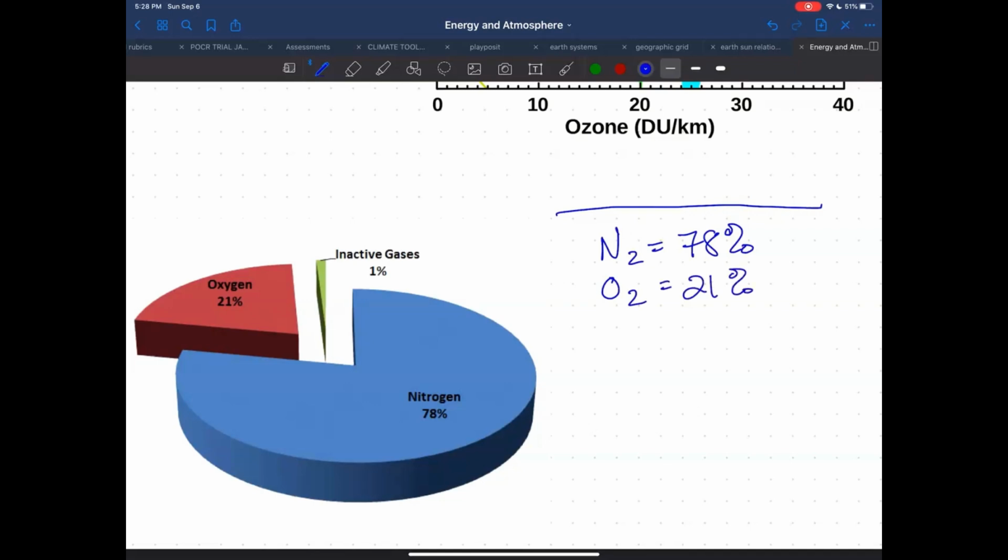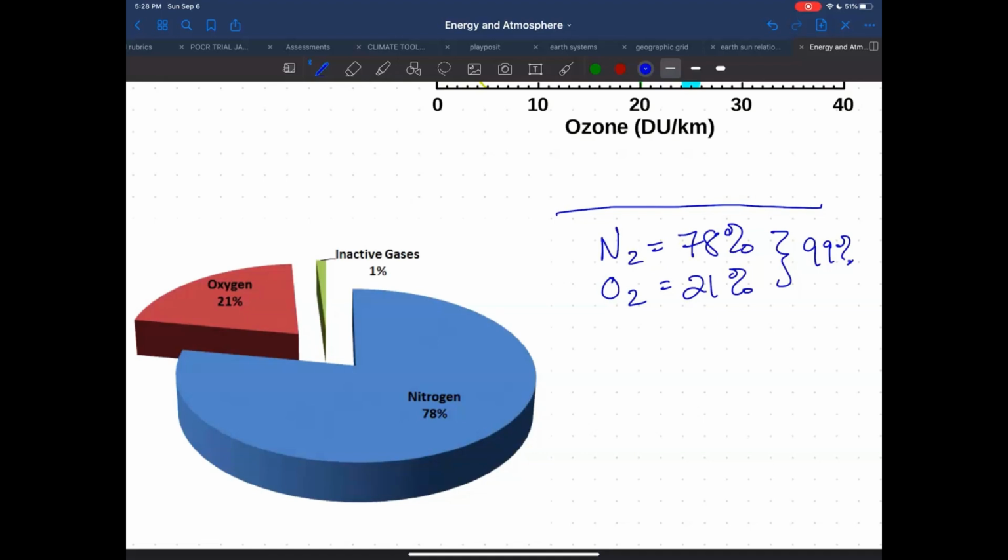Okay, so nitrogen and oxygen, O2 and N2. That means that there's 2 oxygen atoms making an oxygen molecule, O2, and 2 nitrogen atoms making a nitrogen molecule, N2. So as you can see, together, that's 99%.